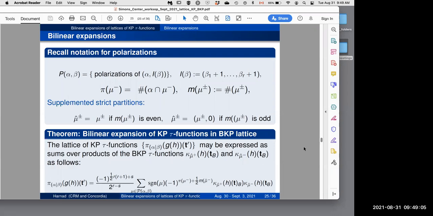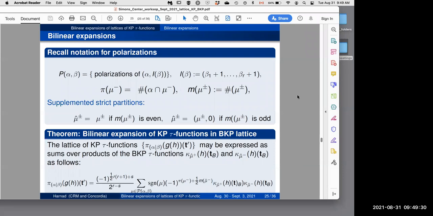If you read off the specific case of the determinantal Pfaffian identity that we had at the very beginning, for this case, remembering that pi, the KP tau function lattice, is a determinant, and kappa, the BKP tau function, is also a lattice, you obtain this general formula.